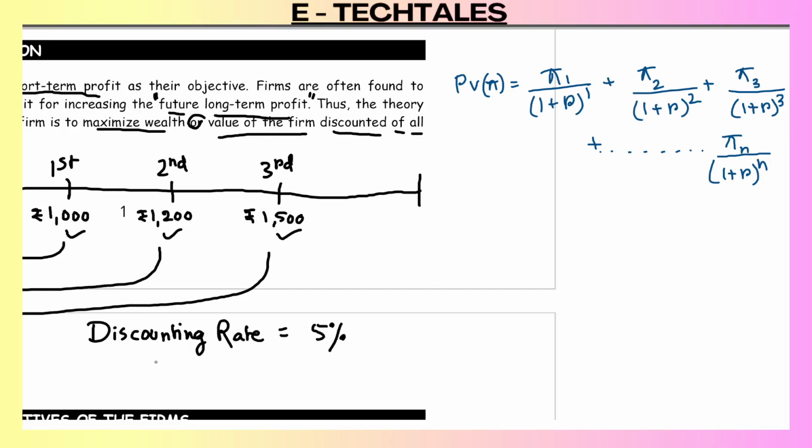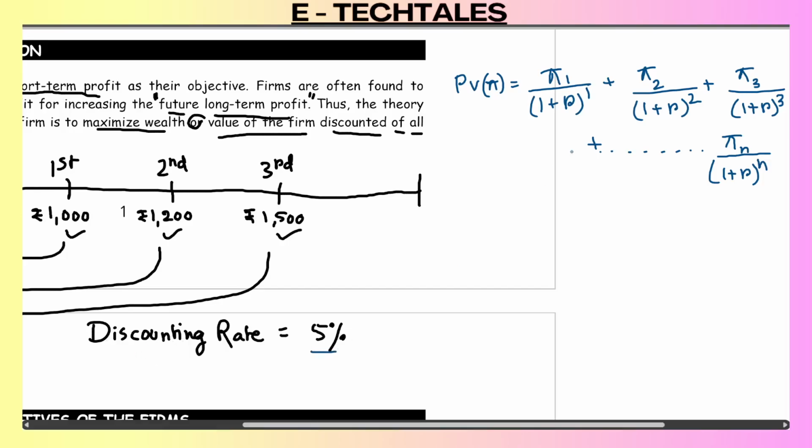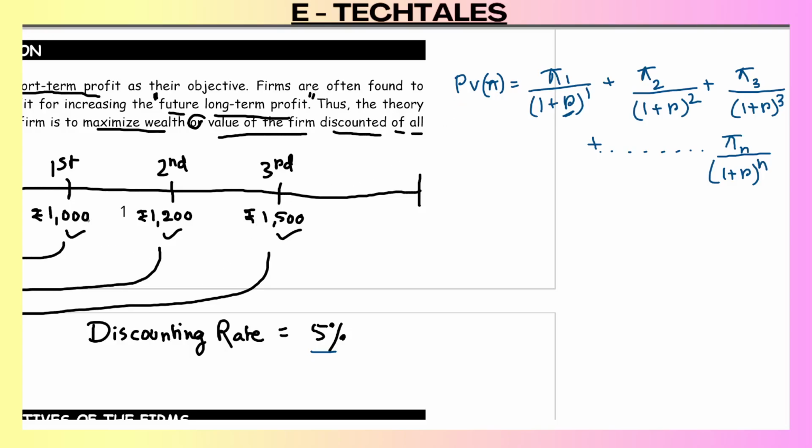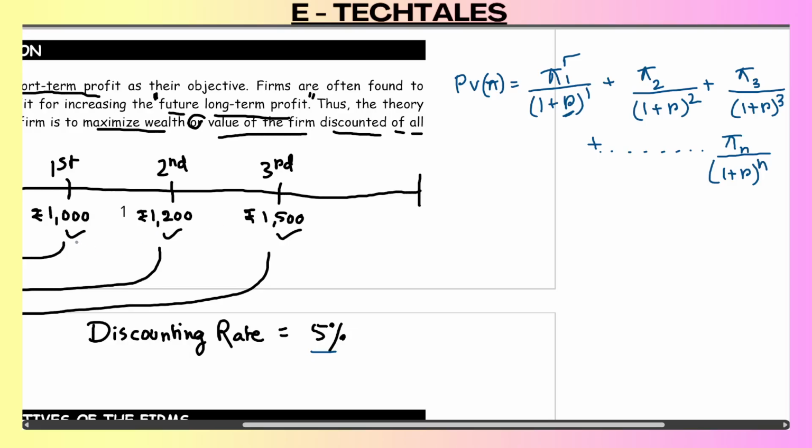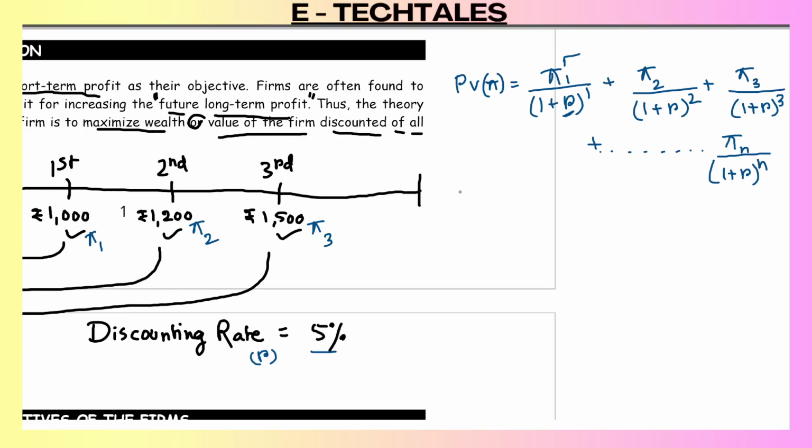So right now I have the value of the discounting rate, which I can put here, and I know that these are the amounts that I will be getting. So these are the pi. This is pi 1, this is pi 2, and this is pi 3. This is r. This is given in percentage, which we have to change into decimal fraction.